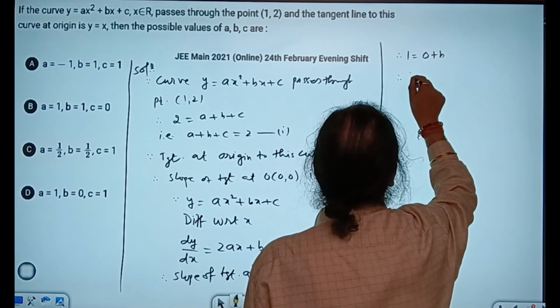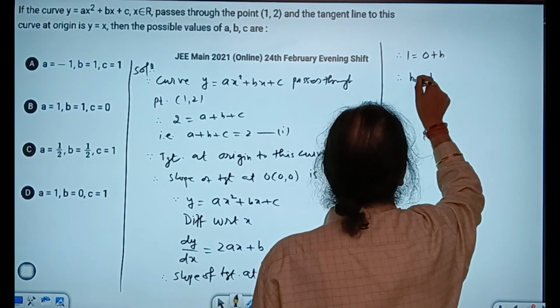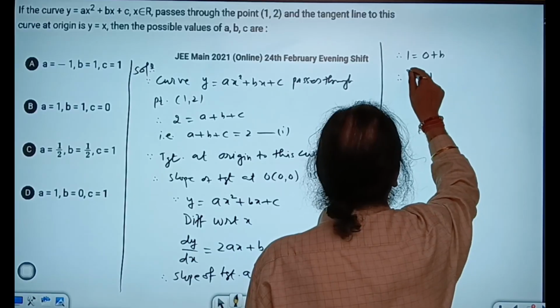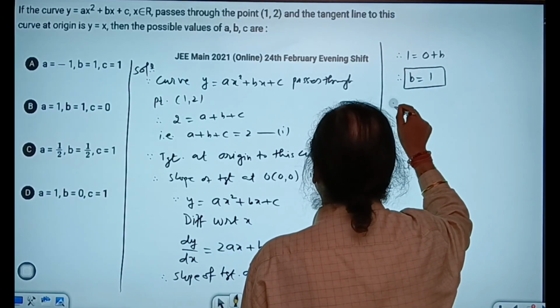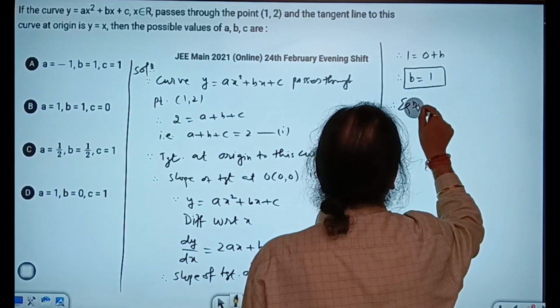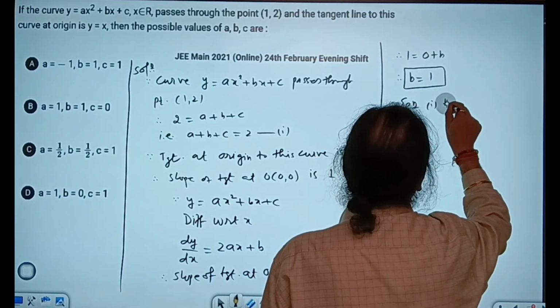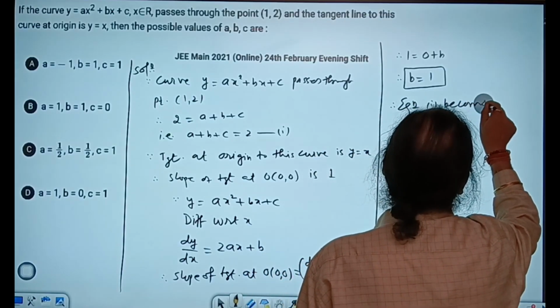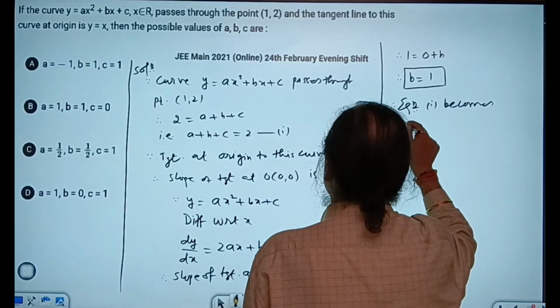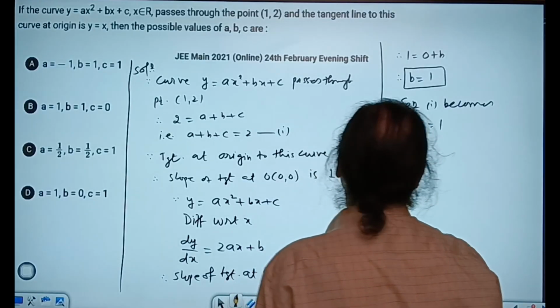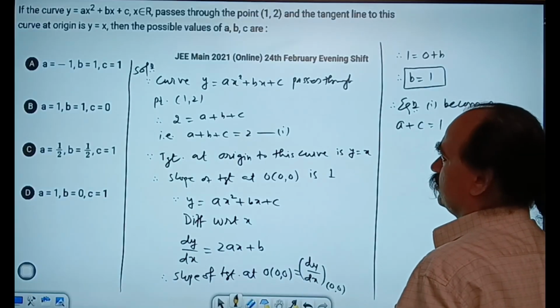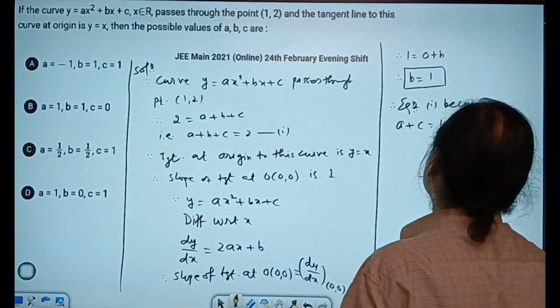So b is what? 1. So we got the value of b. Therefore, equation 1 becomes a plus c will also be 1 because b is 1. So a plus c is 1.